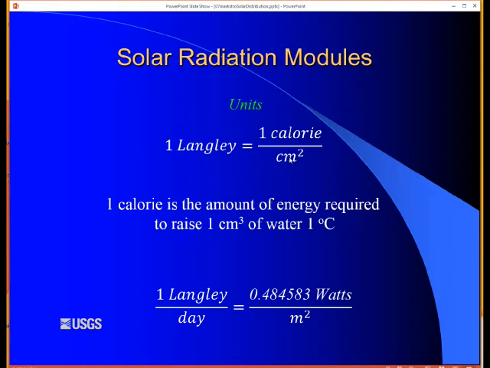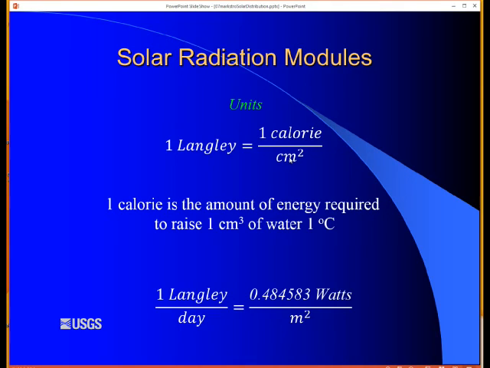One final thing on this solar radiation distribution process, there's always a question about units. Our modules are outputting solar radiation in Langleys, which is 1 calorie per centimeter squared. And for those of you who forgot your high school chemistry, the definition of a calorie that we're going to use here is the energy that raises 1 gram of water 1 degree C, right?